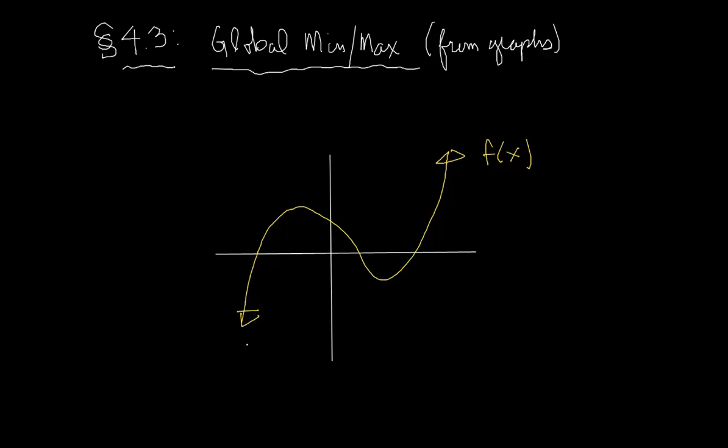So there's no global min or max for this function the way I have it drawn. So how can you speak of global mins and maxes if sometimes functions don't even have them? Well, the point is, you can talk about them if you're in a closed domain.